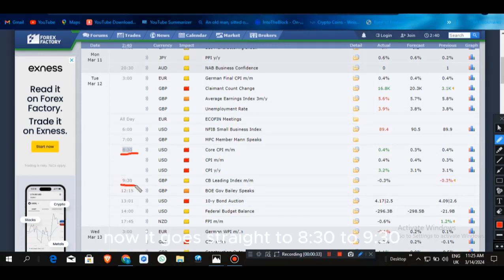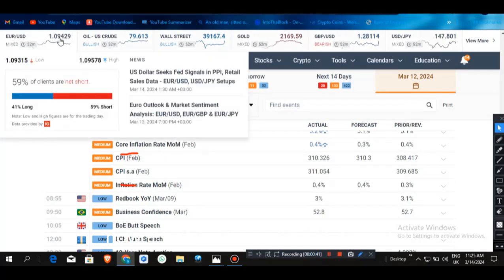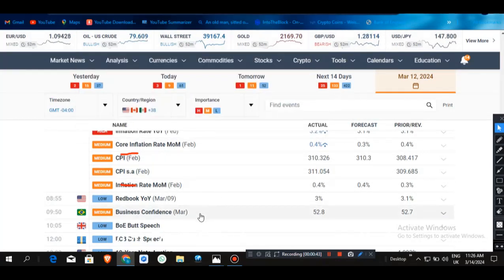Now they go straight to 8:30 to 9:30. Now if I go to another source, is it DailyFX? We can see that at 8:55 there was news, and 9:50 and 10.